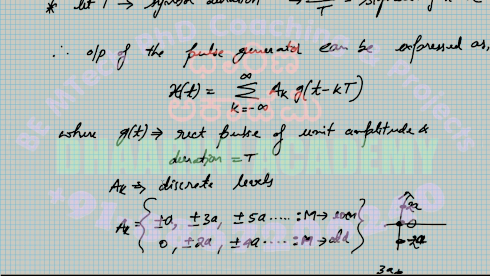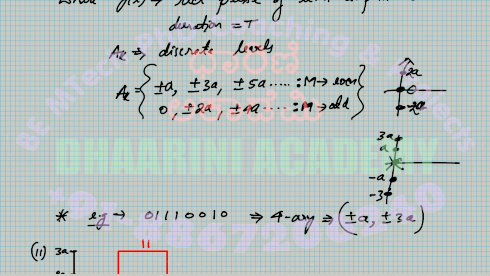Now let us look at what this a k stands for. This particular a k value can be anything, so a k takes discrete levels. How you assume them depends upon whether the number of levels M is even or odd.